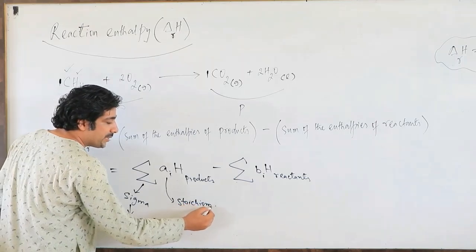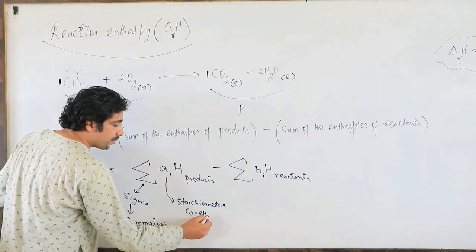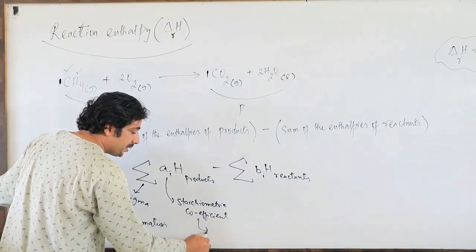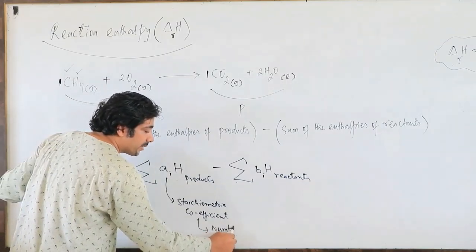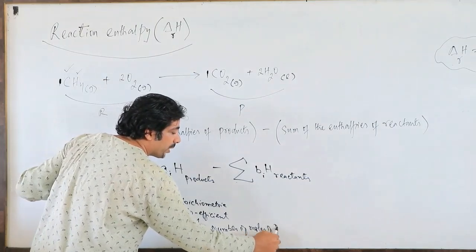That ai represents the stoichiometric coefficient. And what does it give? It gives the number of moles of products.